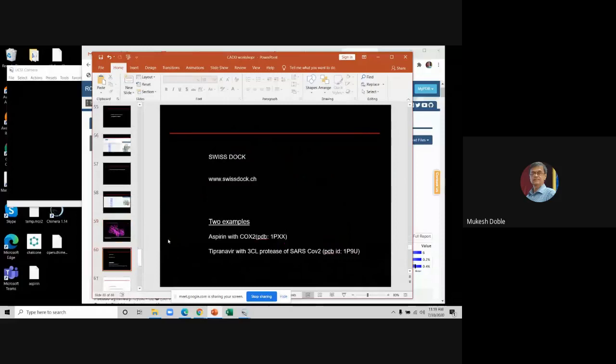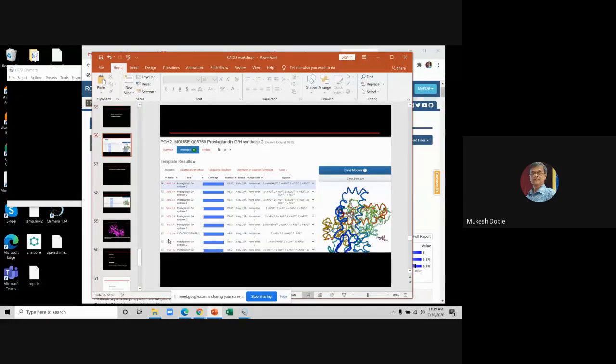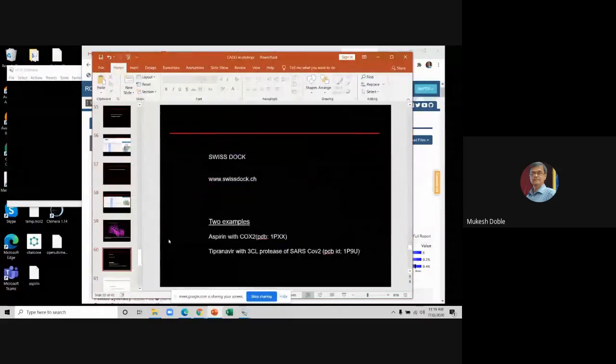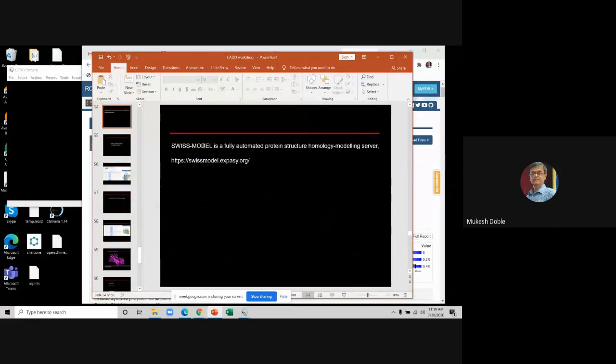Okay, so this is the approach. We take the sequence of the protein. We can put it in the Swiss model, as I showed you. It does a sequence comparison.